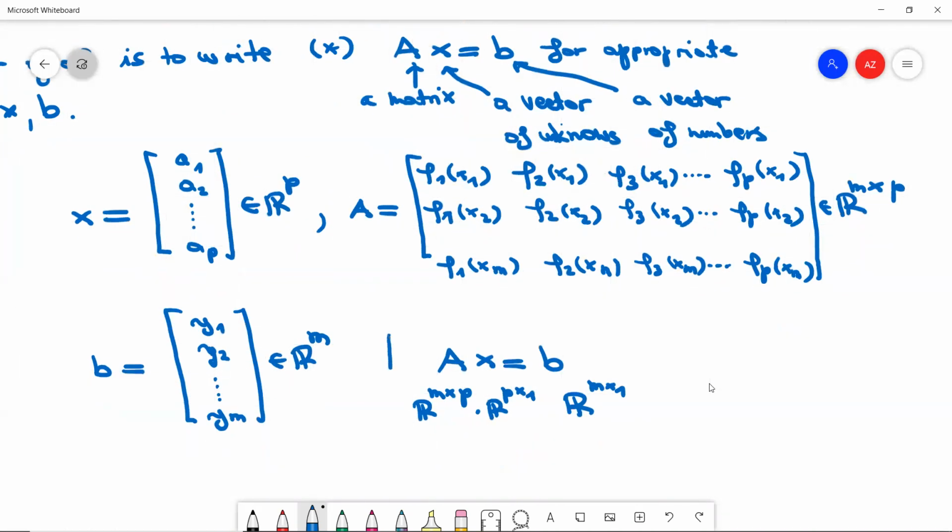So this is the linear system which we need to solve. You can see that it's not a square system. If the number of equations is bigger than the number of parameters, as is usually the case, then the system is rectangular. So it has more rows than columns.